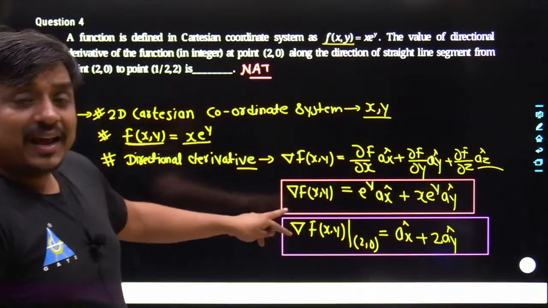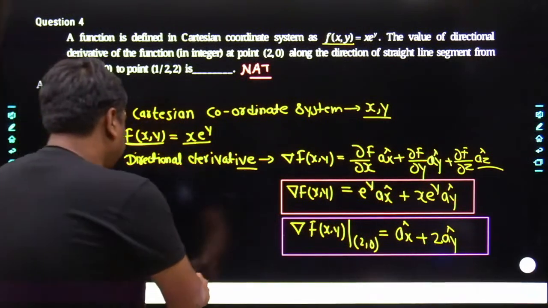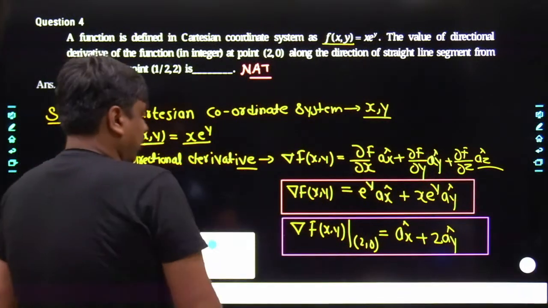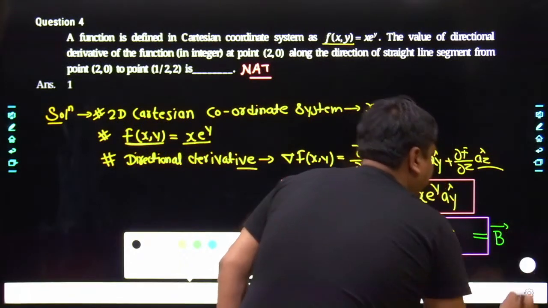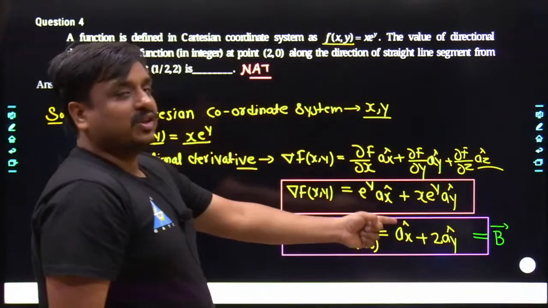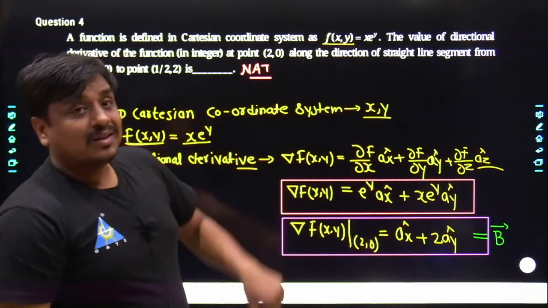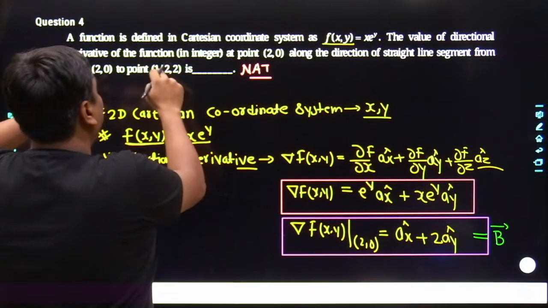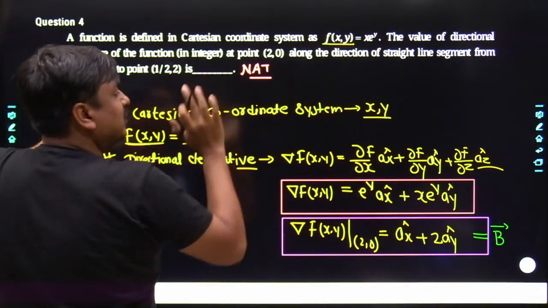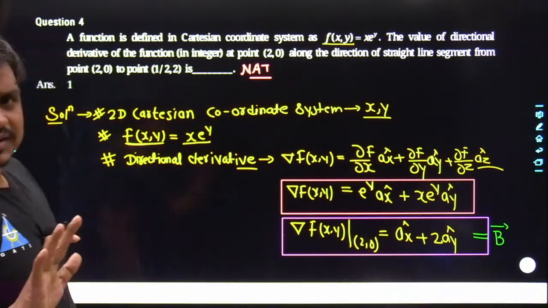My dear friends, it is a vector. For better understanding, you can take this vector as the b vector. Obviously, it is a directional derivative, but it is a vector. So you want the projection of this vector over another vector which starts from 2, 0 and lands at half comma 2, and is a straight line. Could you understand what I am saying?